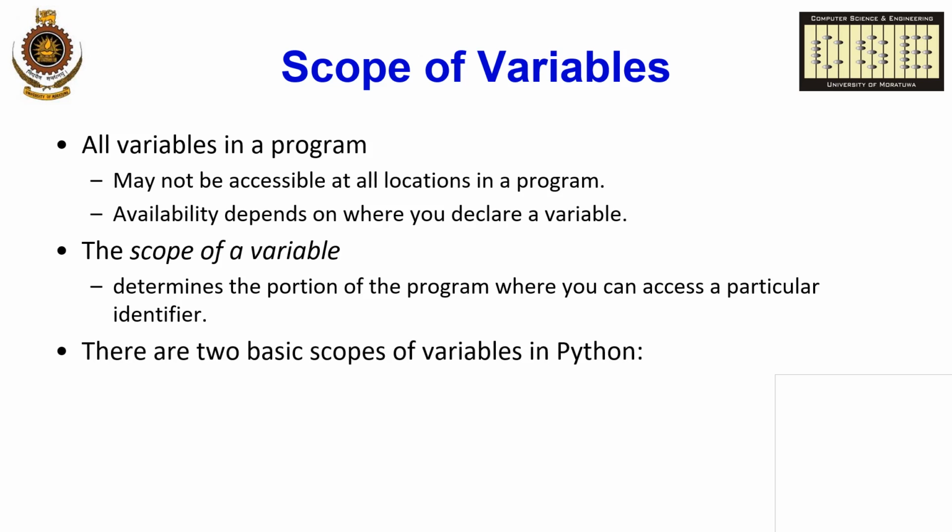There are several ways of categorizing it. One main way of looking at it is, we have two basic scopes: the global scope, global variables, and then the local scope, local variables. Let's look at global and local variable scopes in more detail.